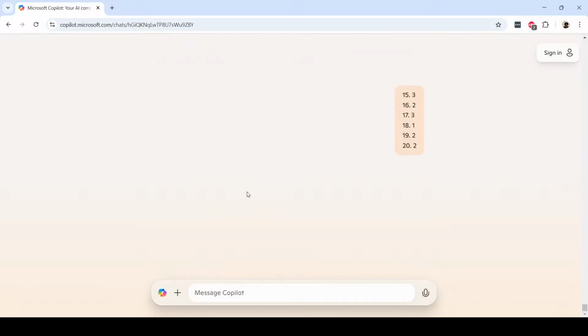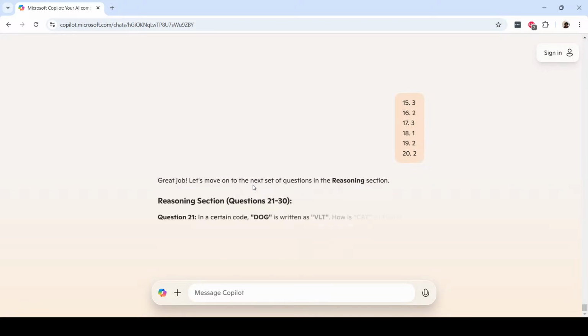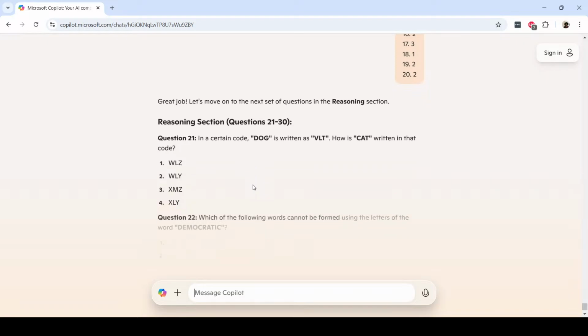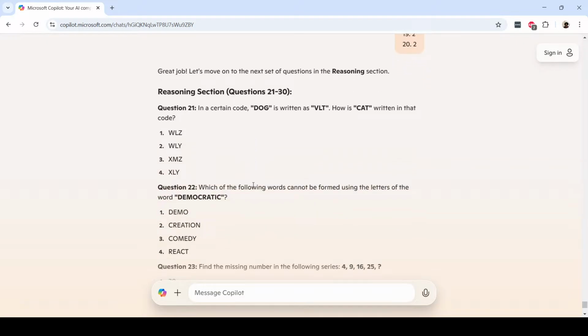Yeah, 15 to 20. So 21 to 30. Dog is written as VLT. So D is V, O is L and G is T. For G it's completely opposite.